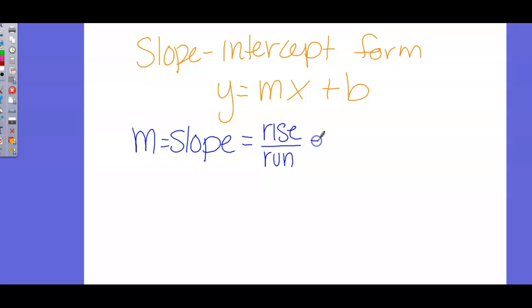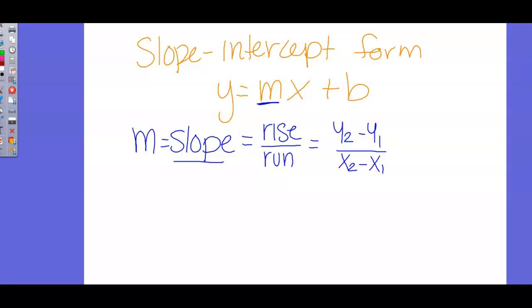We also had a formula, and we used this formula in that water park project, and it was y2 minus y1 over x2 minus x1. So hopefully those are all things that describe slope, which is the m in our slope-intercept form.